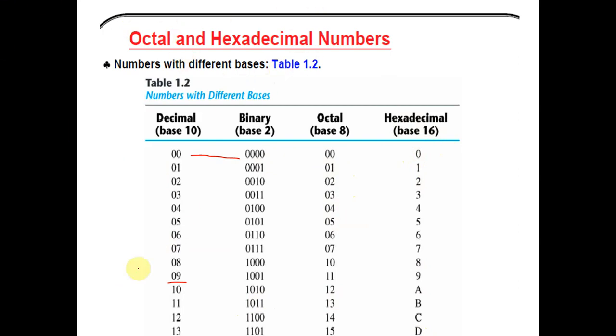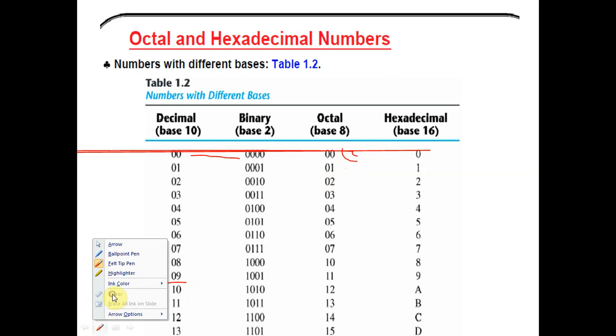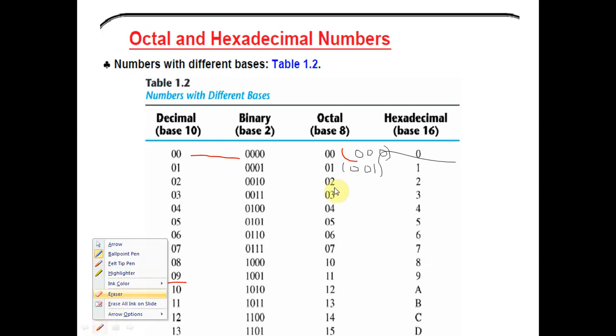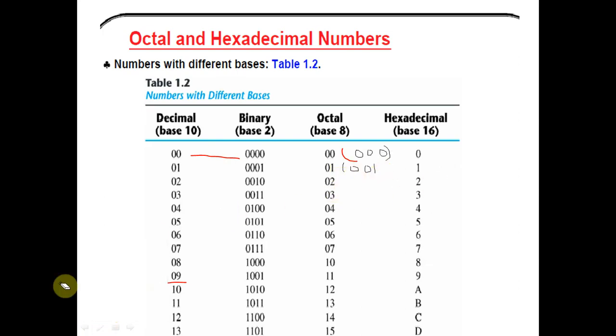In the octal number system, 0 is represented as 000. 1 is represented as 001.